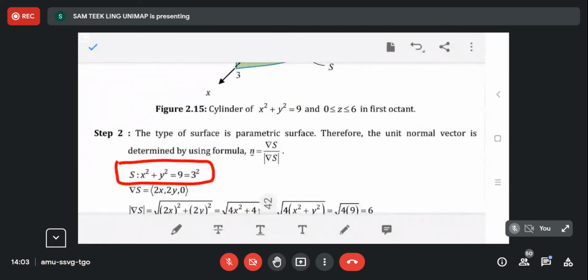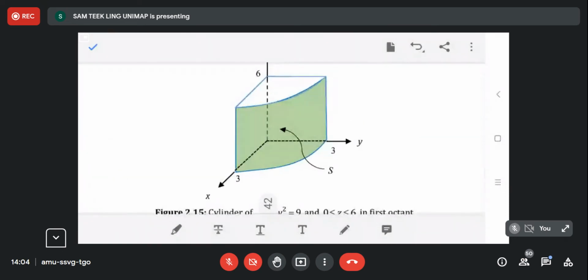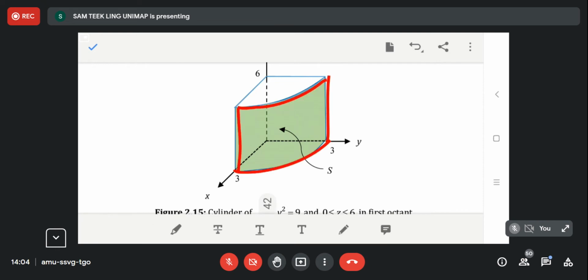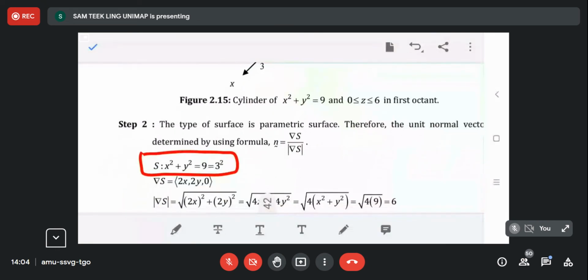So S is x power 2 plus y power 2 equals 9.